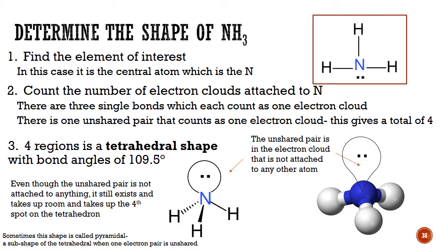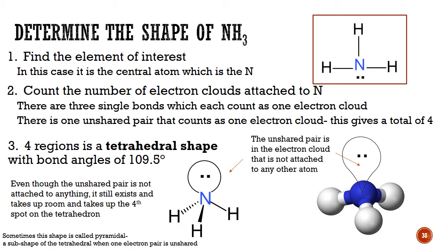And then the 4th spot out of the 4 spots holds the unshared pair of electrons, which, like I said, you have to have room for them. They take up space and you can't forget about them. So in fact, this molecule has the overall tetrahedral shape.